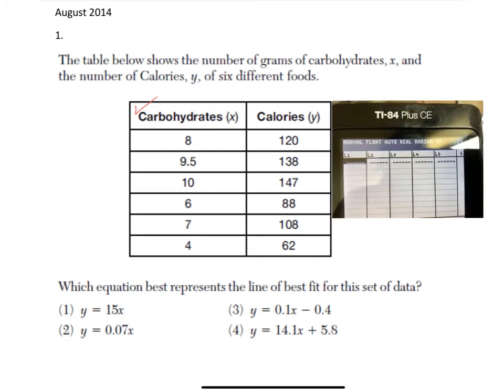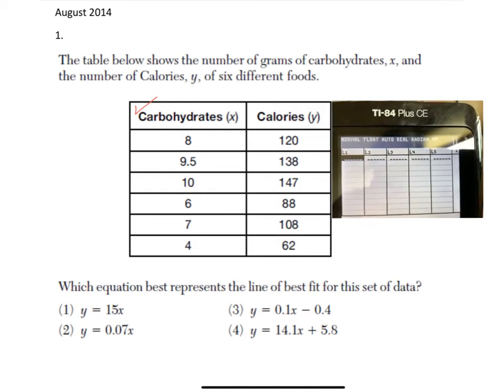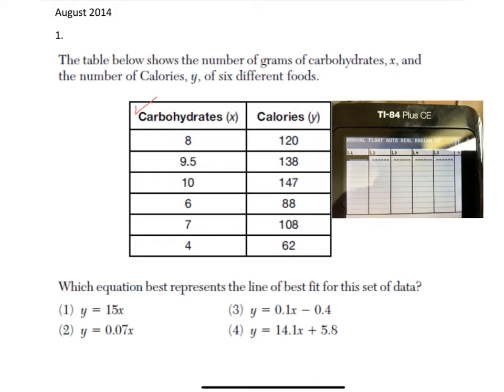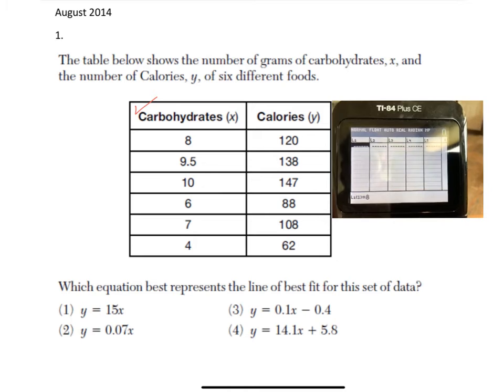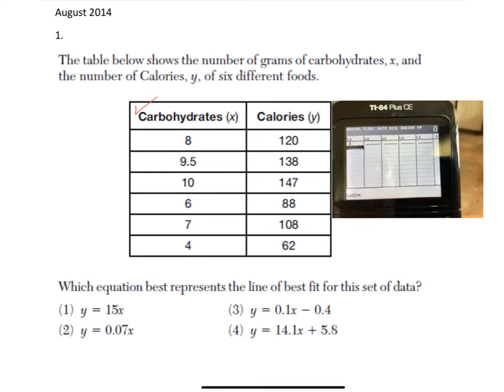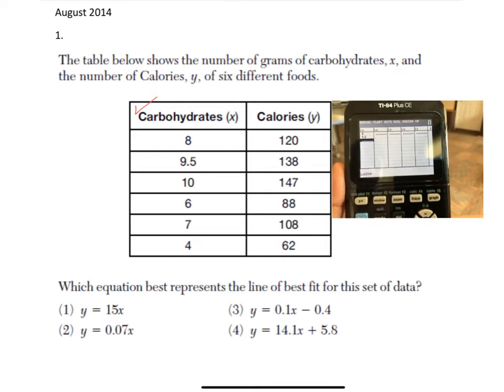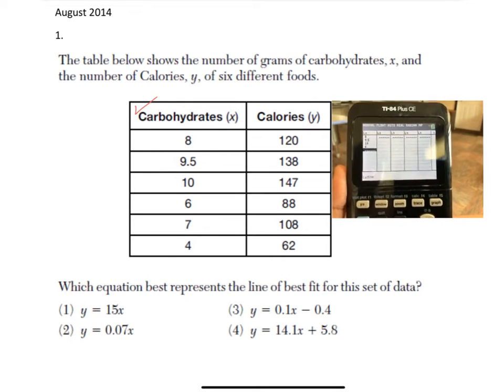Now I'm going to enter all the values as I see. On the left hand side, I see 8, 9.5, 10, 6, 7, and 4. So let's put those in: 8, 9.5, 10, 6, 7, 4.